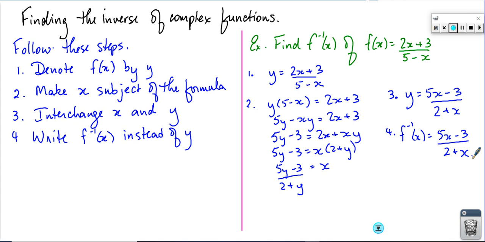That's all about functions. I'm going to work out another example for you just to make sure that you understood this problem here, and we'll continue with our lessons next time. So suppose we have h(x) equals 3x on (x plus 2).